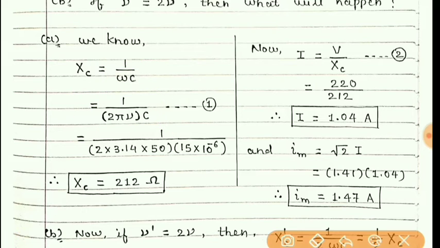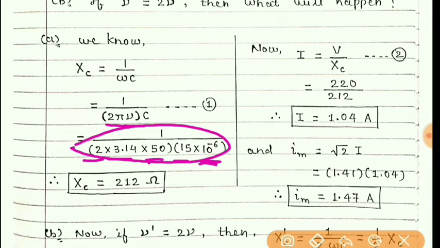Now all these values are given: 2, value of pi is 3.14, frequency is 50, and value of C is 15 microfarad. Micro means 10 raised to minus 6. After calculating this, you will get capacitive reactance 212 ohm.